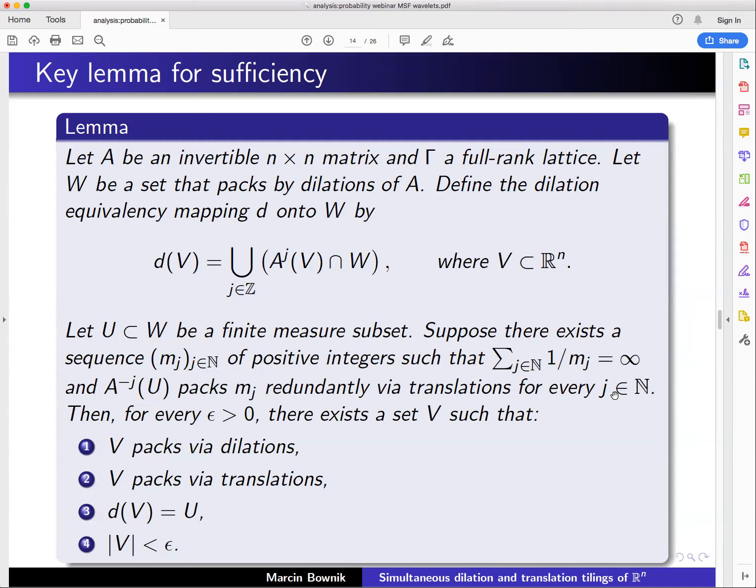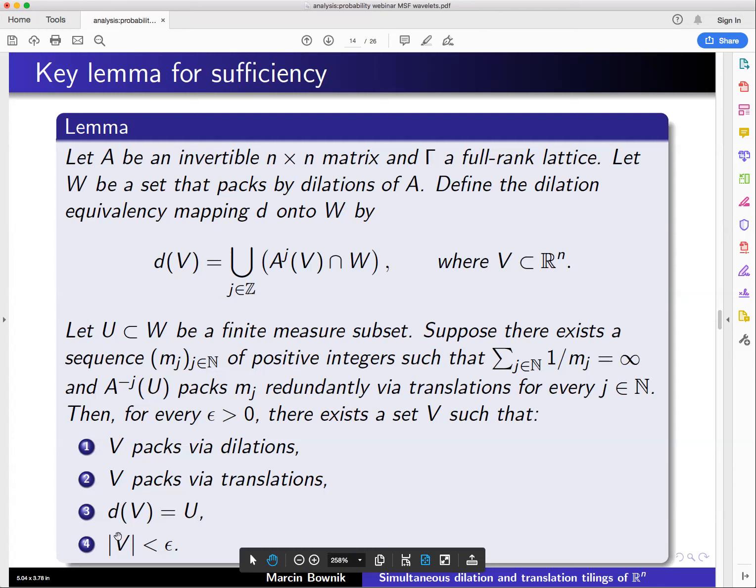Then we can somehow modify that set U into another set, and we can do this for every epsilon. So for every epsilon, we can find a set D that packs by dilation, and it will also pack by translations, but it will be dilation equivalent to U.